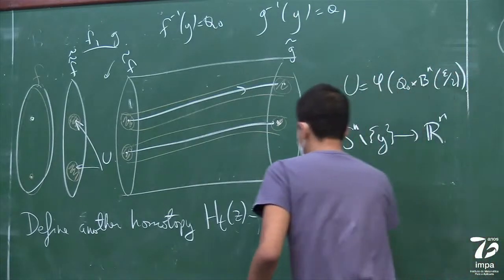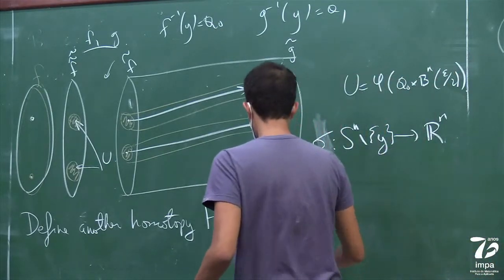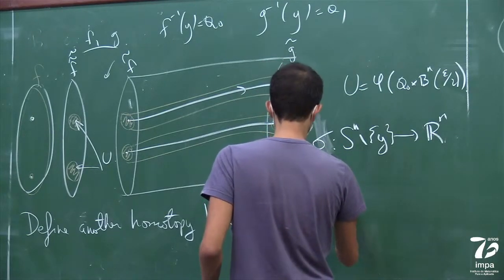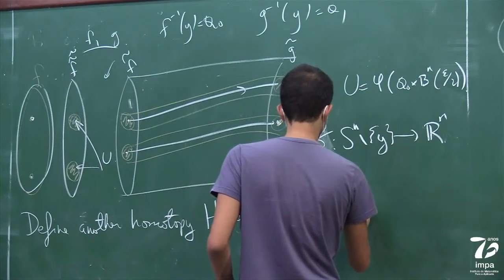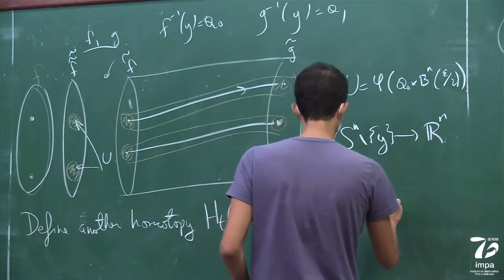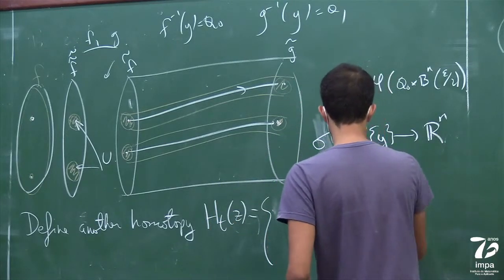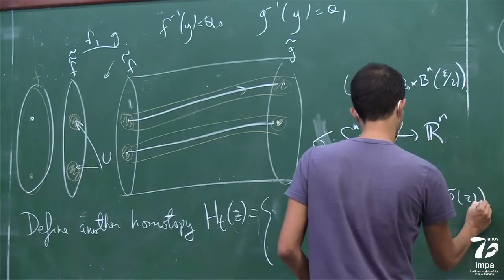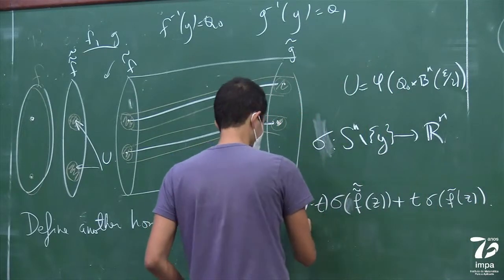And then I do the linear interpolation of sigma of f tilde, of f double tilde, of z plus t of sigma of f tilde of z. And then I do sigma inverse.